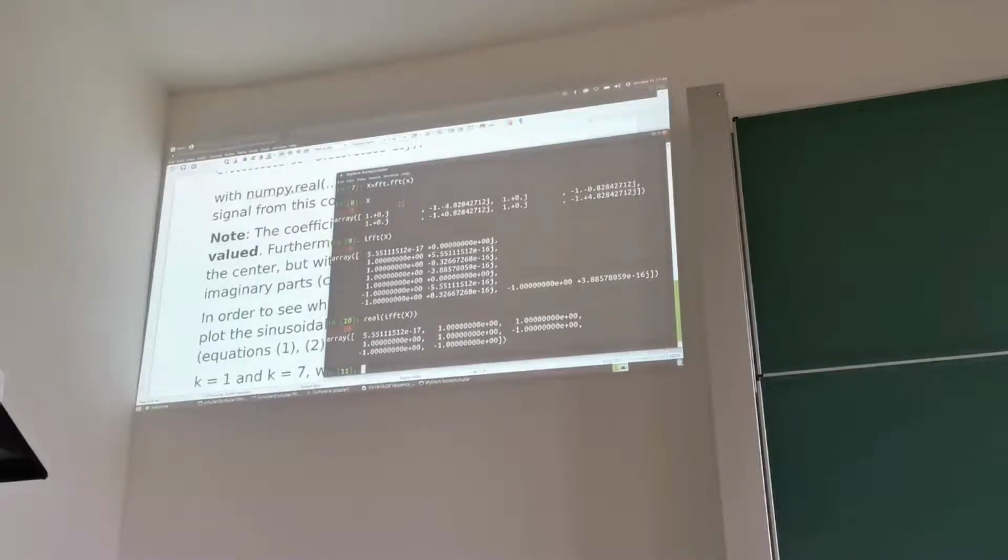Where's the center? So we have 1, 2, 3, 4, 8 entries. This is 0. Then the fourth entry corresponds to the Nyquist frequency. Which would be 0, 1, 2, 3, 4, this one here, which is identical to DC.